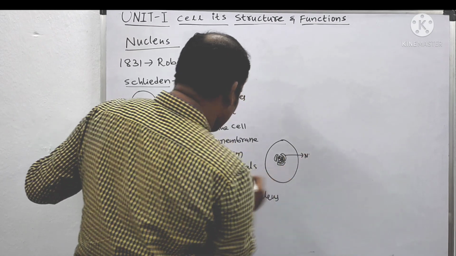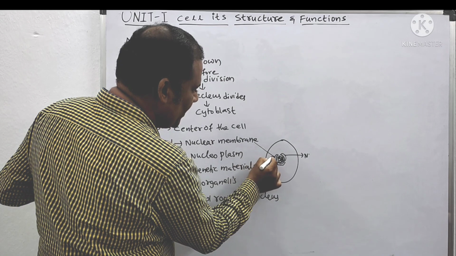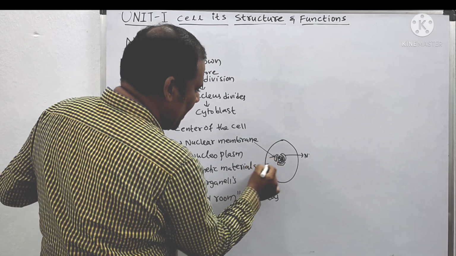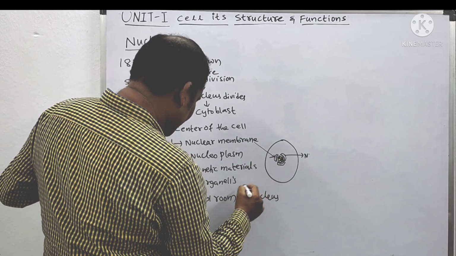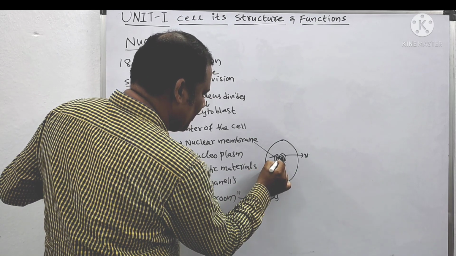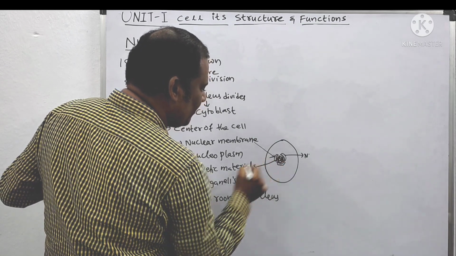This is the nuclear membrane, which I already wrote here. And this is called the genetic material.